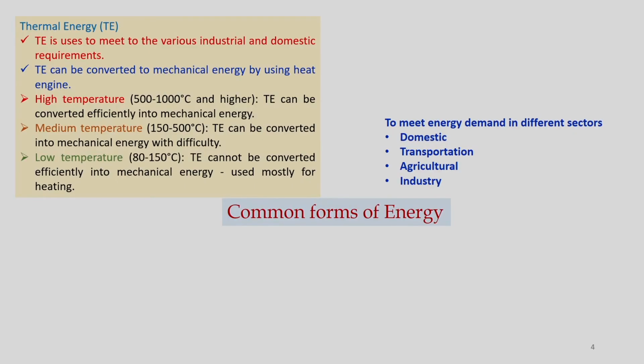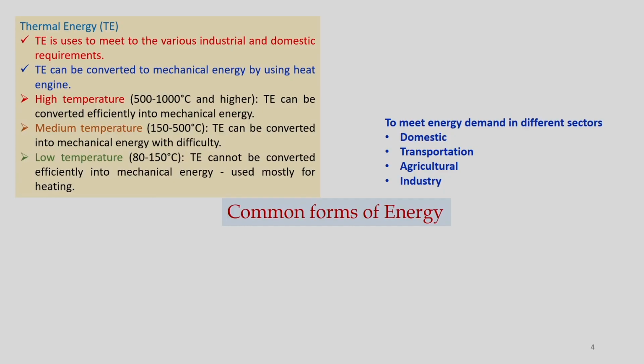So, what are the common forms of energy? Let us first consider thermal energy. This thermal energy is used to meet various industrial and domestic requirements. Thermal energy can be converted to mechanical energy by using a heat engine. And this thermal energy can be categorized into 3 primary groups based on temperature ranges.